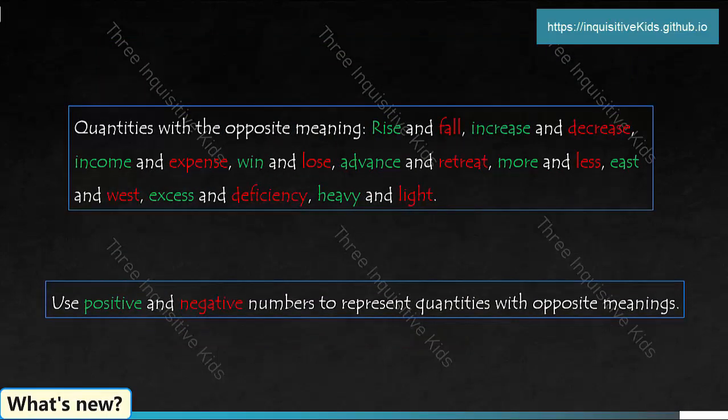Quantities with opposite meanings: rise and fall, increase and decrease, income and expense, win and lose, advance and retreat, more or less, east and west, excess and deficiency, heavy and light. Use positive numbers and negative numbers to represent quantities with opposite meanings.